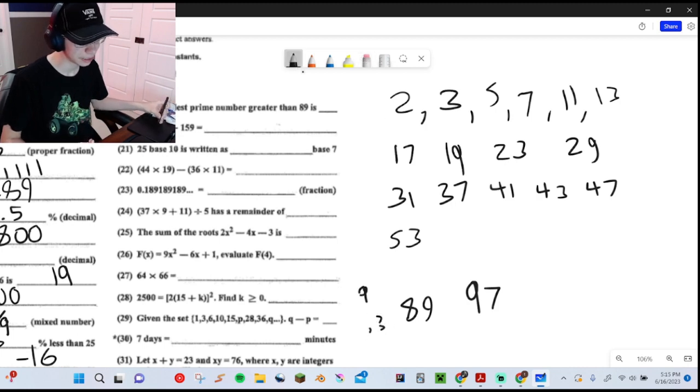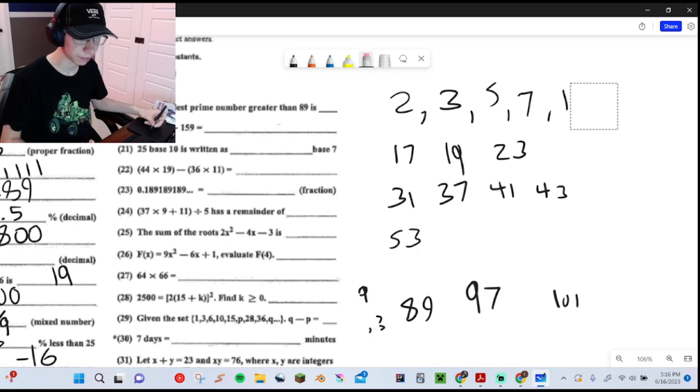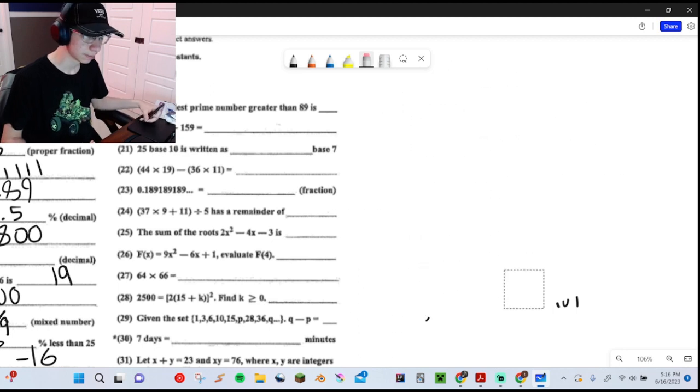After 97 is 101 and then 103. So it helps to know at least a good handful of prime numbers like that.